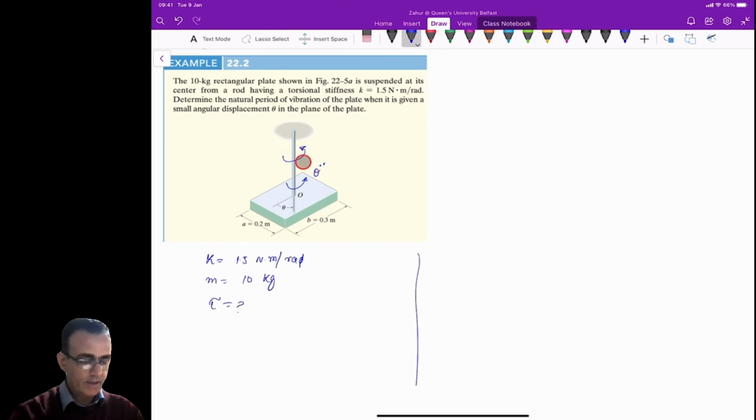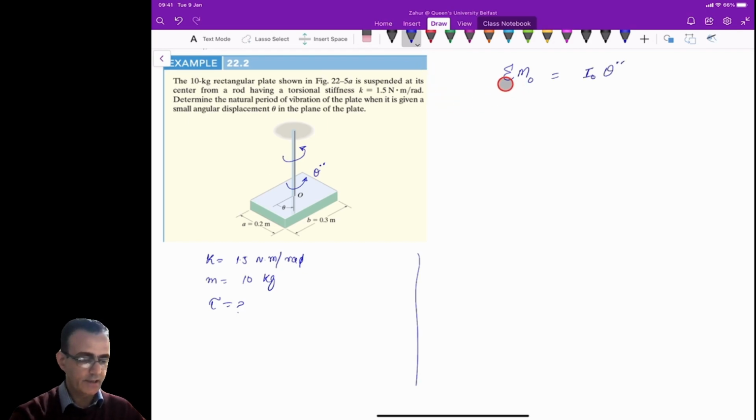Okay, so in this case, again we will first write the equation of motion for this system. Now we already derived the equation of motion for the spring and mass system, but this is now a system with angular motion. So again we will use Newton's second law: the summation of all the moments about O is equal to I naught theta double dot.